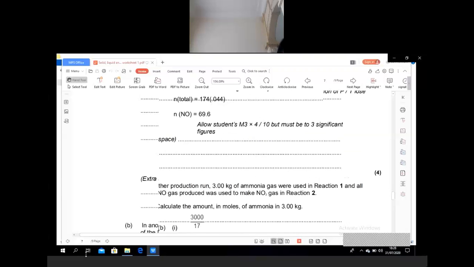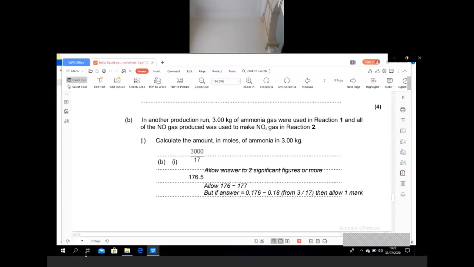Okay, and then B. In another production, 3 kg of ammonia were used in reaction 1, and all the nitrogen monoxide gas produced was used to make nitrogen dioxide in reaction 2. Calculate the amount of moles of ammonia in 3 kg. So we have to find the number of moles first. The number of moles is 3000 divided by 17.